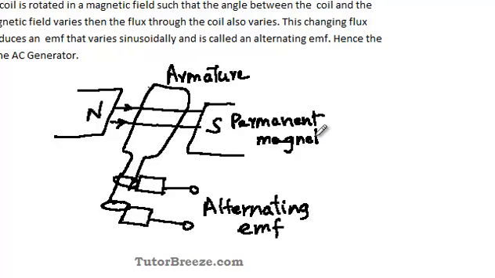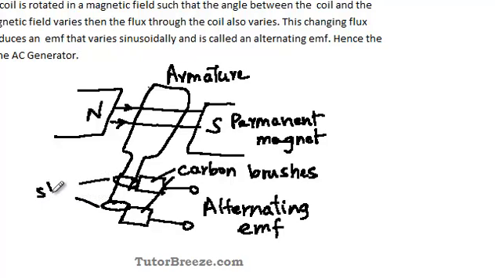These are the two carbon brushes, this and this, which are conductors and allow the current to flow out of the coil, and this over here are the two slip rings which are brass rings.